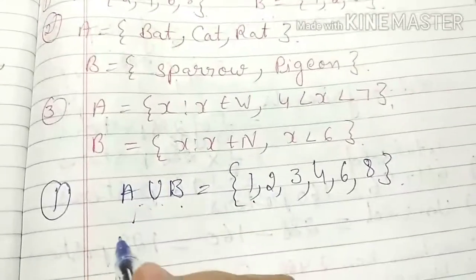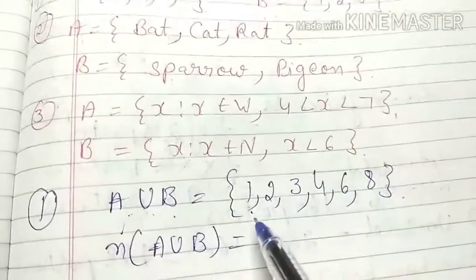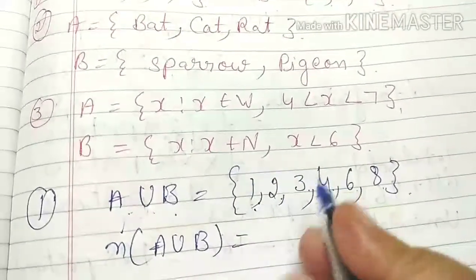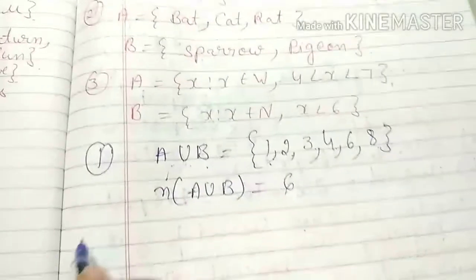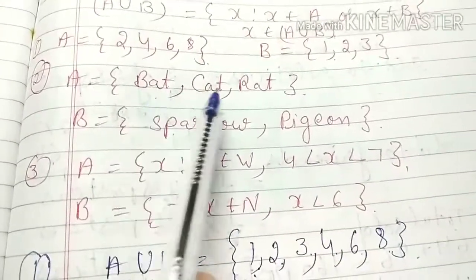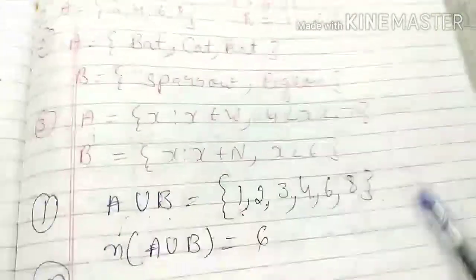Suppose in your question they ask for the cardinal number of A union B. So how many elements are there? 1, 2, 3, 4, 5, 6. So that will be 6. Similarly, in the second case, if set A is bat, cat, rat and set B is sparrow, pigeon, so no repetition is there.